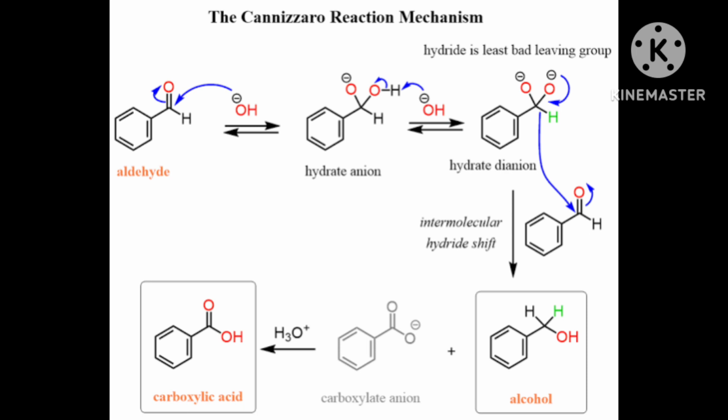Then this OH, because the OH ion is there, then in the presence of that OH ion, the second molecule of formaldehyde, that hydrogen I can say will break.